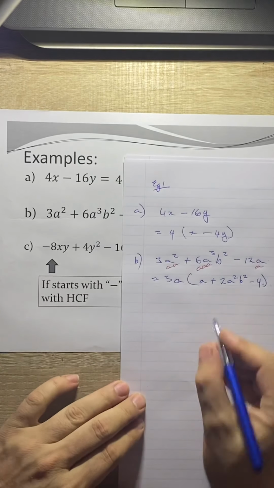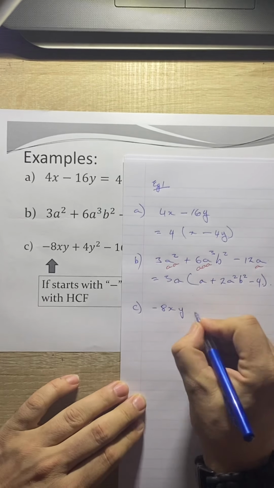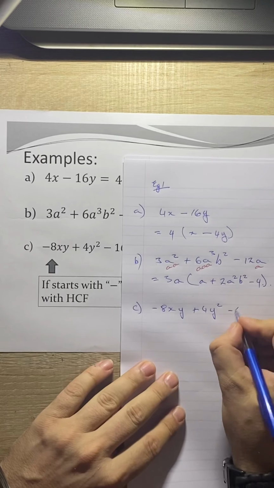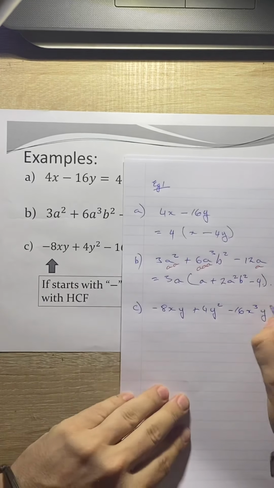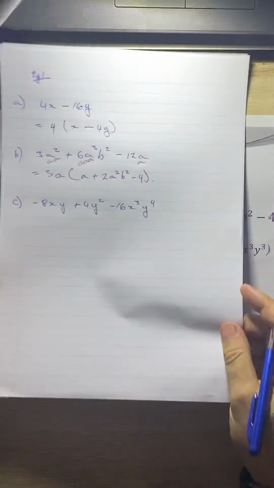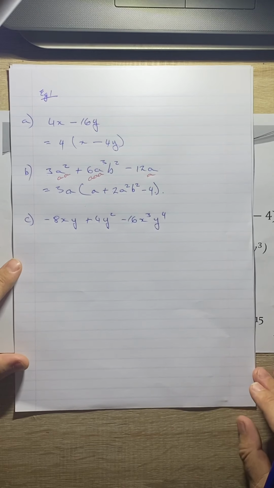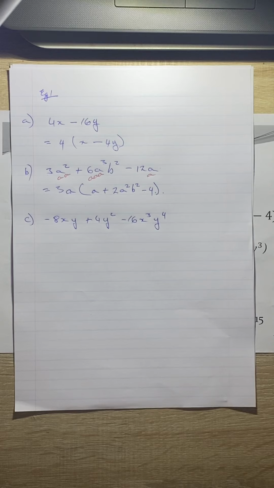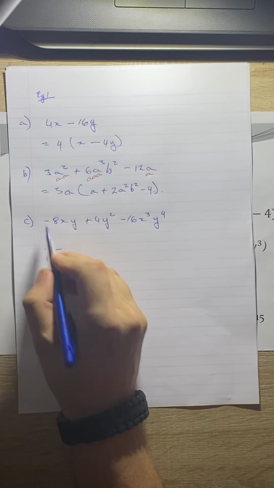Look at example C. With example C, we've got this leading negative over here, so we have to take out the negative as a common factor. Make that a rule of thumb, guys. We must take out a negative because our leading term is negative.